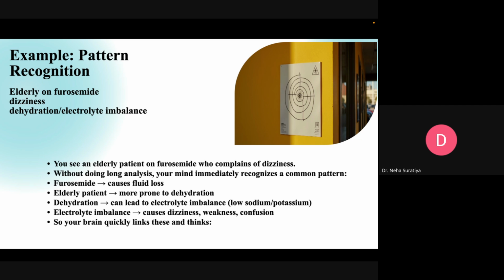Your brain quickly links this and thinks the same concept. That is nothing but pattern recognition. And trust me, everything you will see on a ward will have the principle of pattern recognition only, which is not good, right?